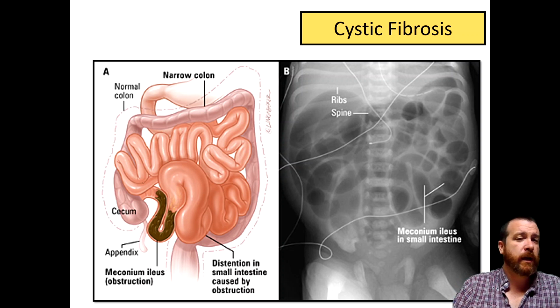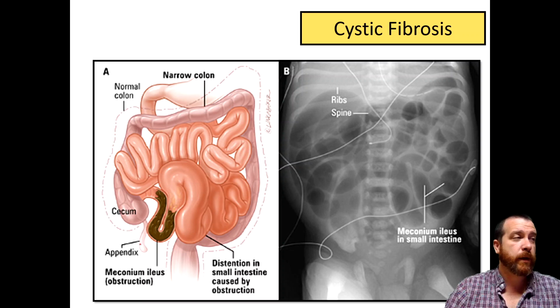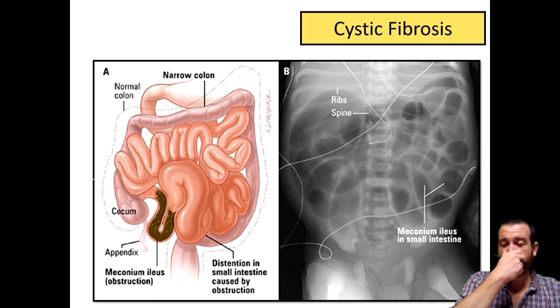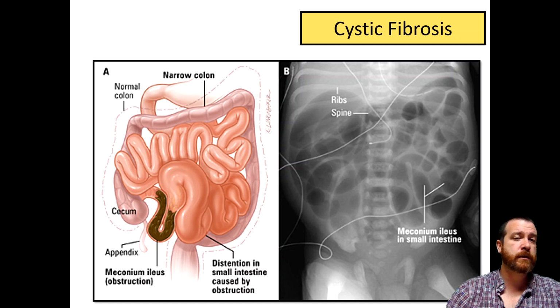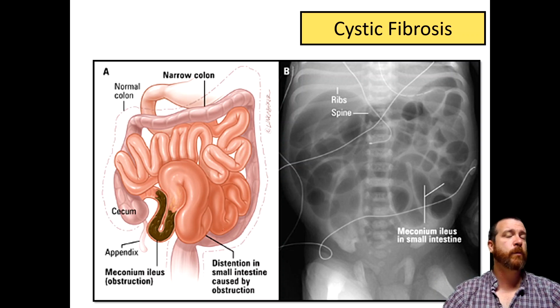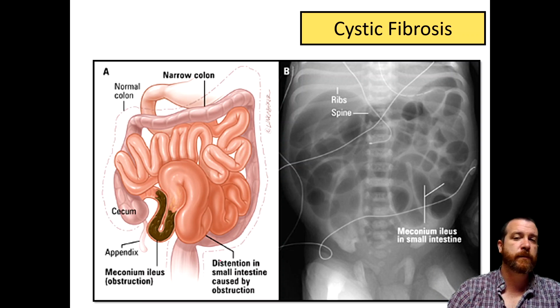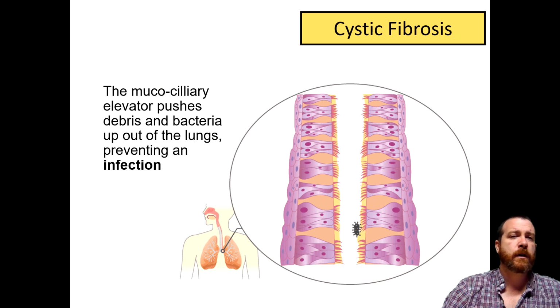If you have this blockage occurring, that becomes a big problem awfully quick because now any other fecal material that's coming down the line is not going to be able to move past it, and you're going to start having distension behind wherever that blockage is occurring. In this case, it's the small intestine. That's a normal site, but you could have a distension wherever that meconium gets blocked up. So that's at birth. We don't normally see this in other areas.